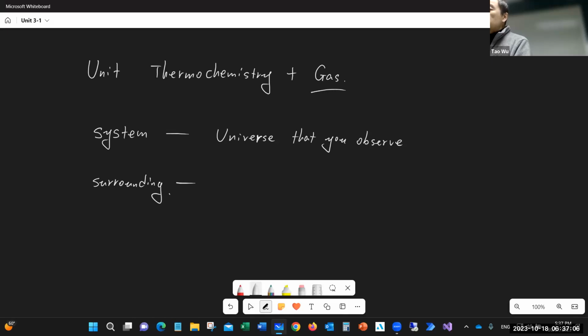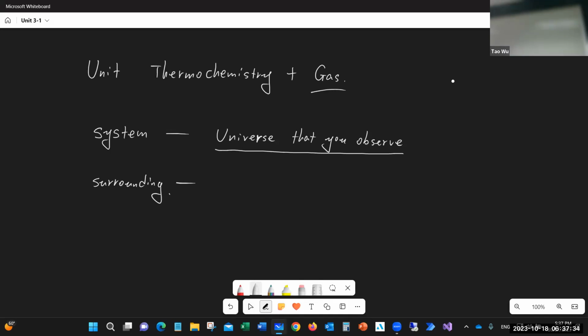If you want to understand this, it's like, if I want to do some experiment and observe what happened in this lab, what happened for the thermodynamics in this lab, in this room, then this room will be the system. So that is the universe that I observe.